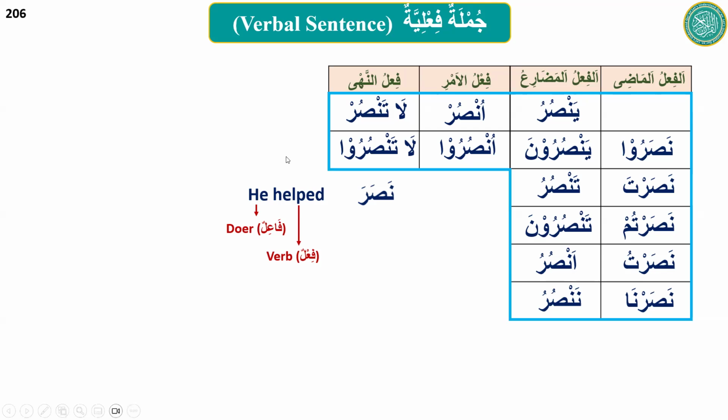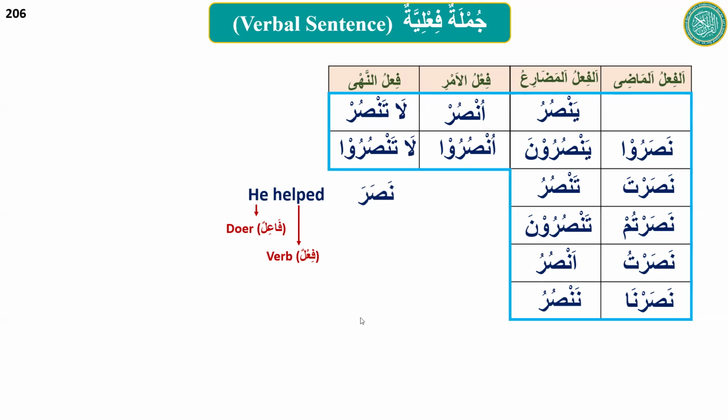So if I am calling Nasara a sentence, a jumla fi'liya, do I have these two things in Nasara? Fi'l and fa'il. Do I or I don't? That's the question. So I will ask Sister Afia to answer this question if she can.